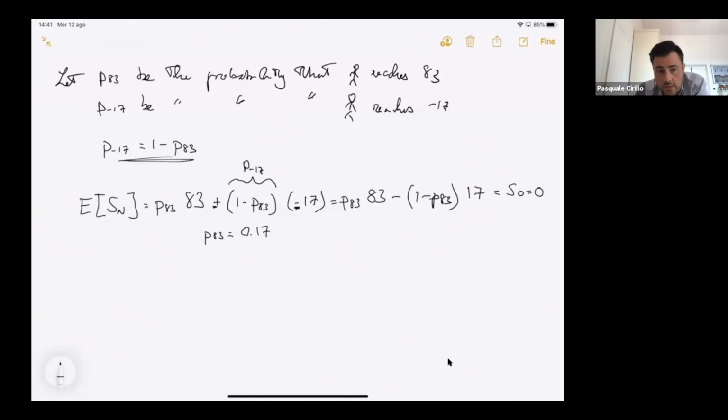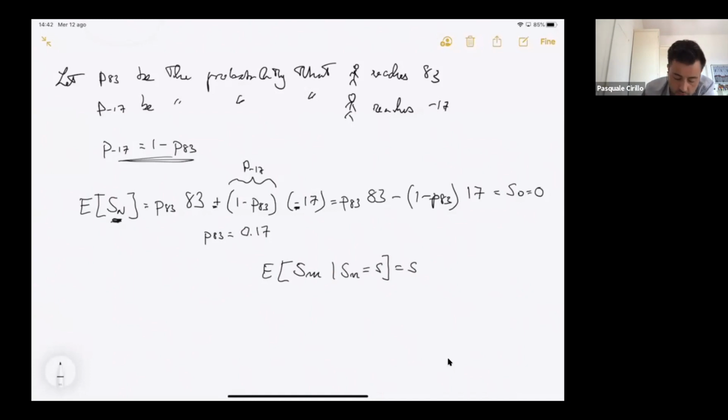And how did we do that? By exploiting the fact that our random walk is a martingale. You remember that we said that something is a martingale if the value at time m, given that at time n I am equal to a given value, is equal to that value.